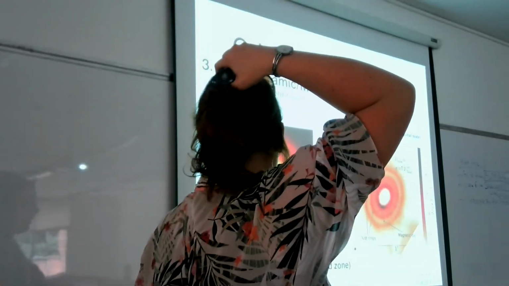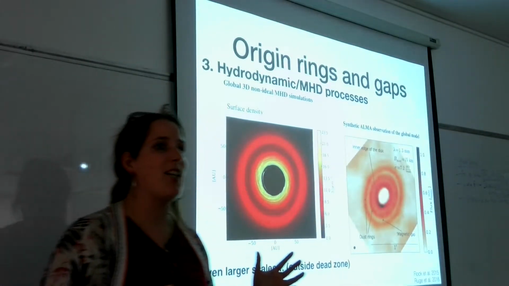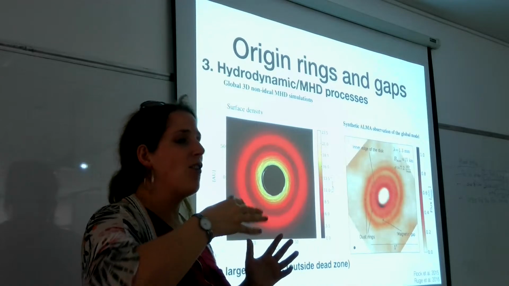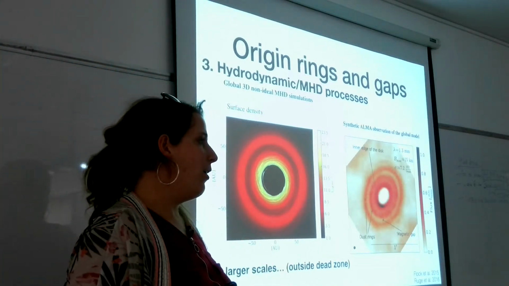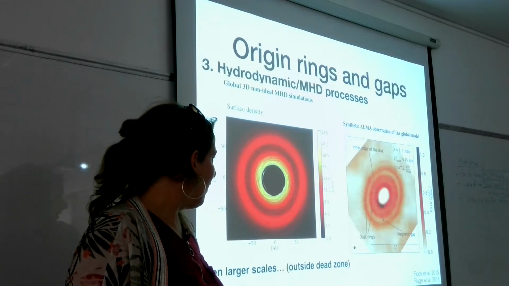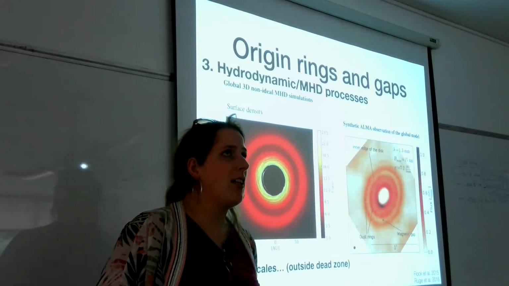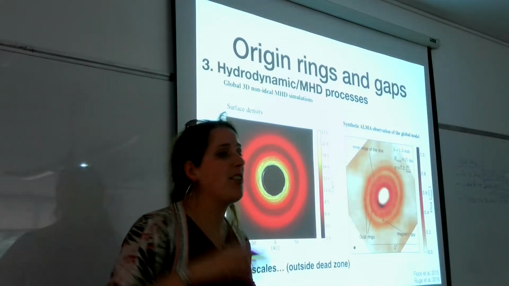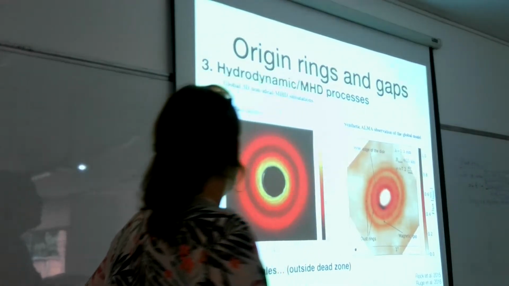Then there's still the idea that the dead zone, so the region of low ionization, is not present throughout the disk, that in the outer part of the disk, essentially the radiation of the star, the collisions in dim lanes still provide enough ionization so that the dead zone eventually ends.